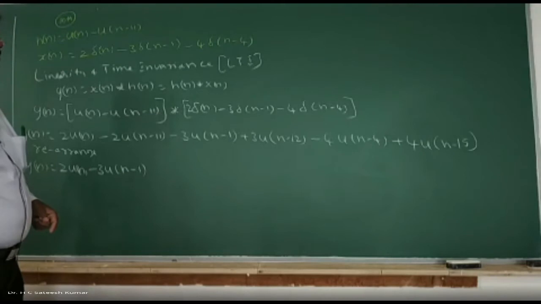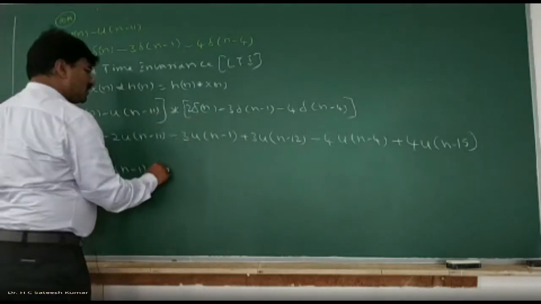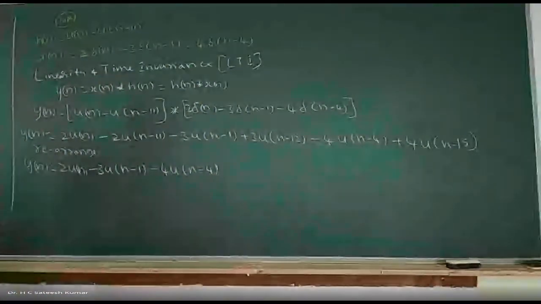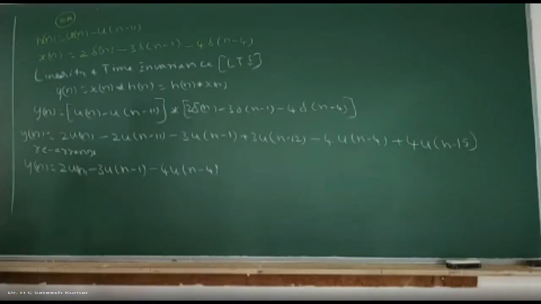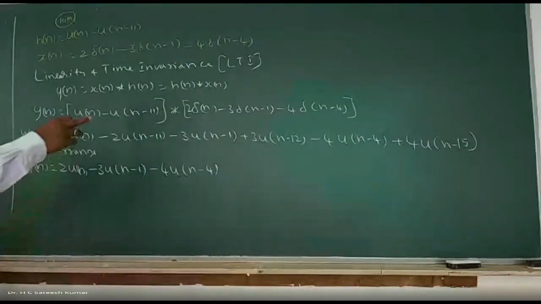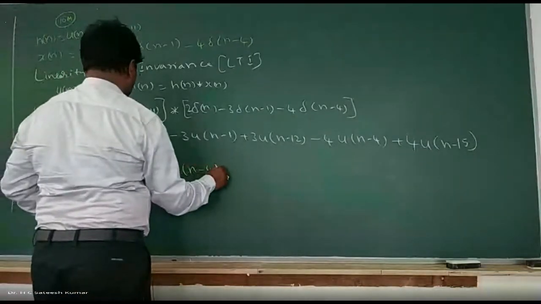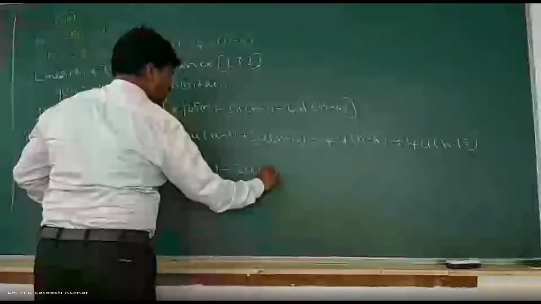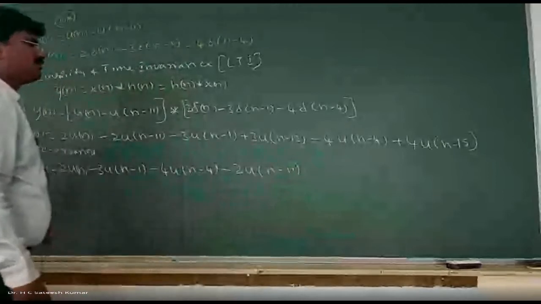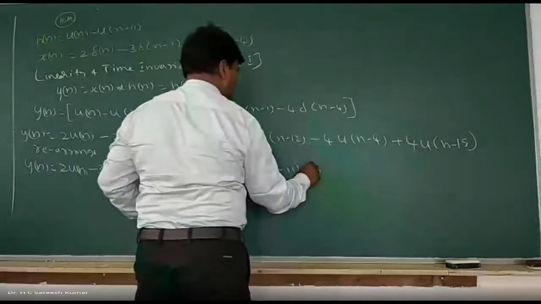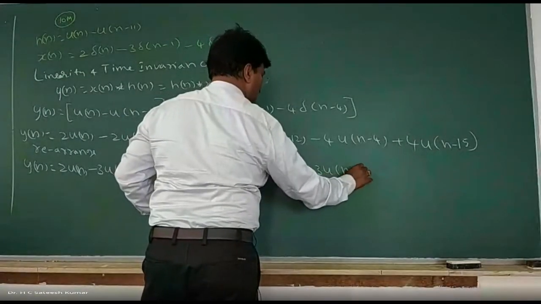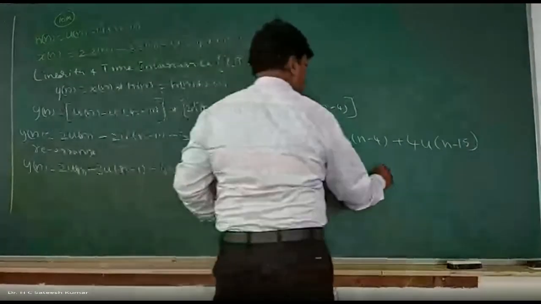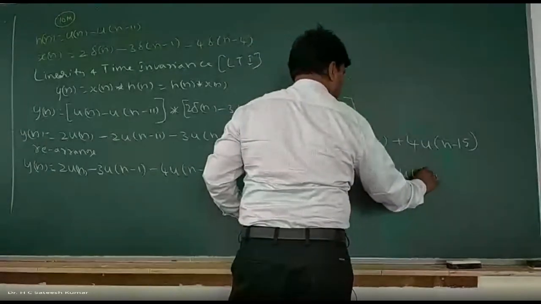After 1 we have minus 4 u of n minus 4. After 4, 11 is there: minus 2 u of n minus 11. And next we have plus 3 u of n minus 12, and plus 4 u of n minus 15.